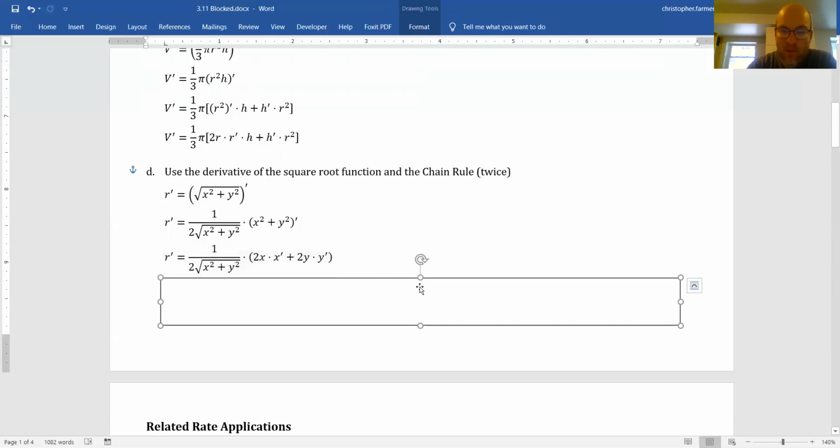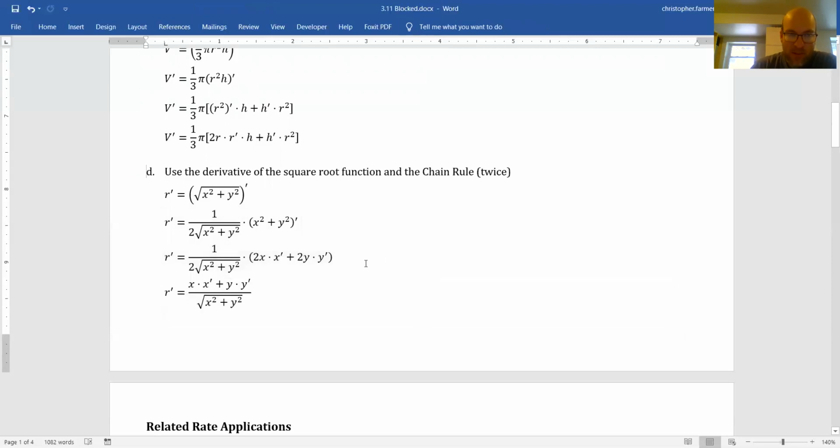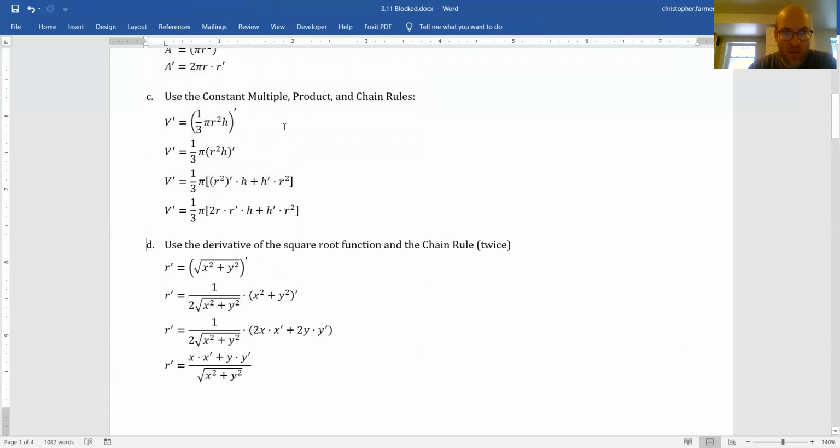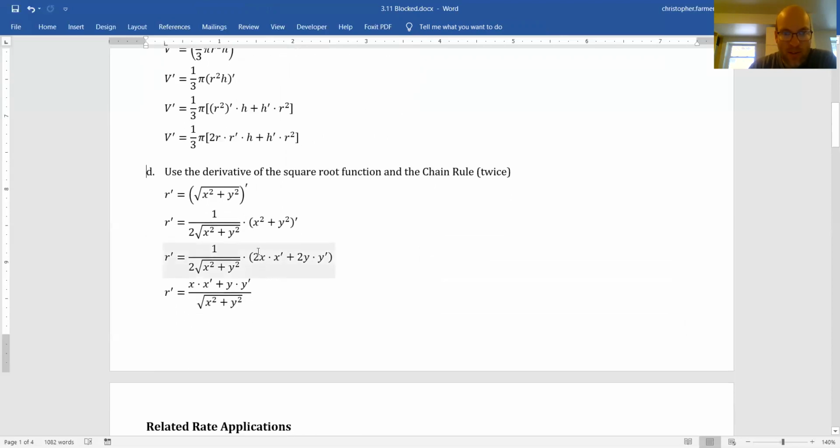And then the next step here is somewhat optional, but anytime you can write it a little bit more nicely, you go ahead and do it. Some of the examples up above, there's not much to simplify, or even here, if I took the dots out and distributed the 1/3 pi, nothing really changes there. But in this one, you can see that if I factor out the 2 from this expression, the 2 here and the 2 in the denominator are just going to cancel out. So that's why all the 2's disappear.